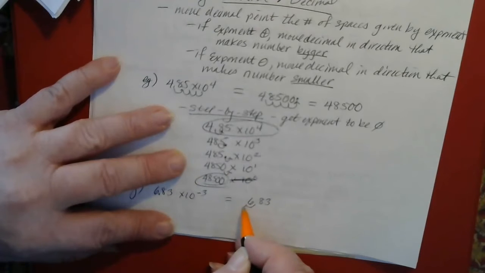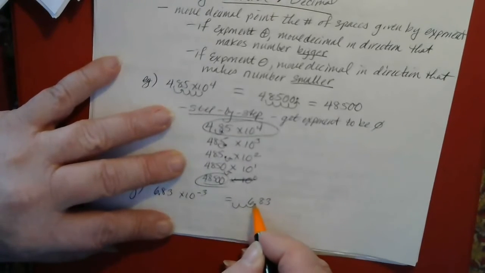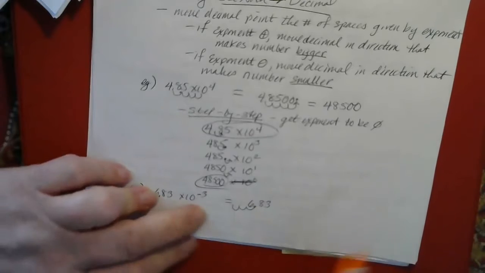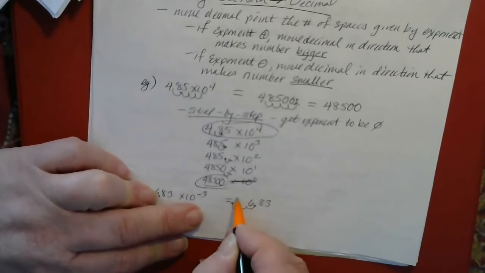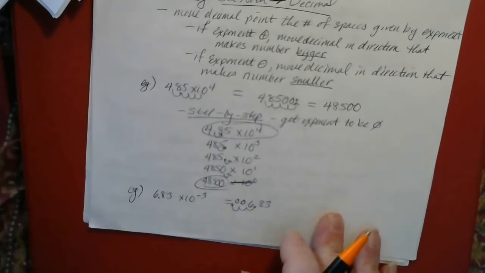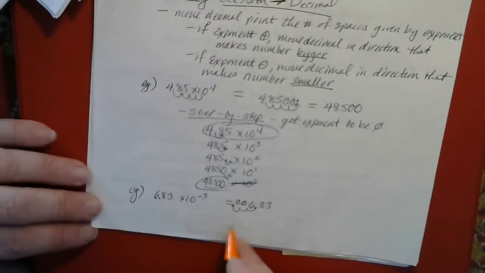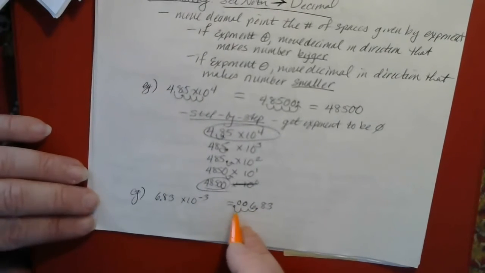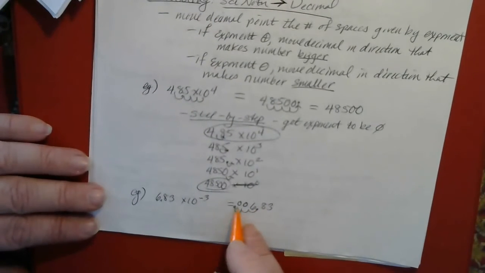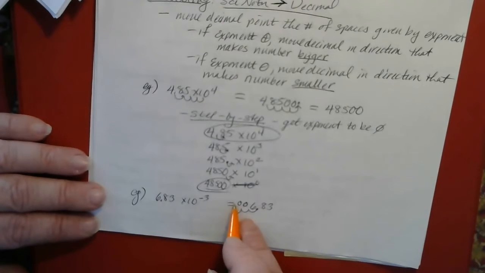So there's 1, and there's 2, and there's 3. When you're moving the decimal point backwards like this, you actually do write in zeros for any spaces where there's nothing, like we moved 2 spaces beyond the numbers that were actually written. So those are zeros, but you do write in the decimal point.